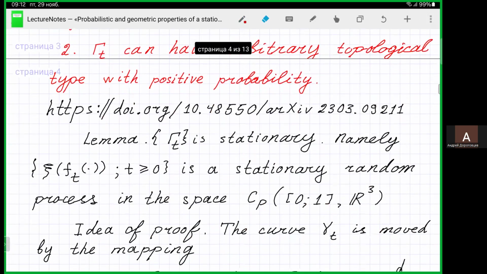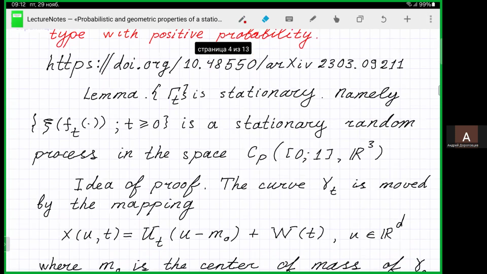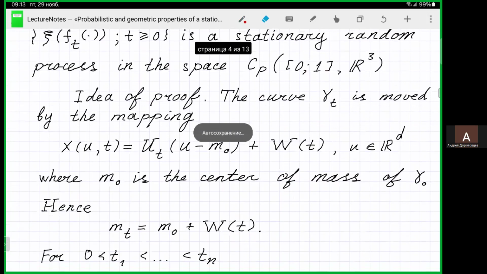Now let's see that gamma t is stationary. Namely, this process psi of gamma t is a stationary random process in the space C^p. The idea of the proof is the following. The curve gamma t is moved by the mapping we just discussed.